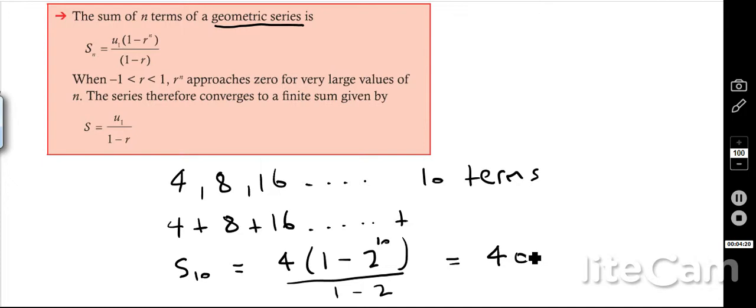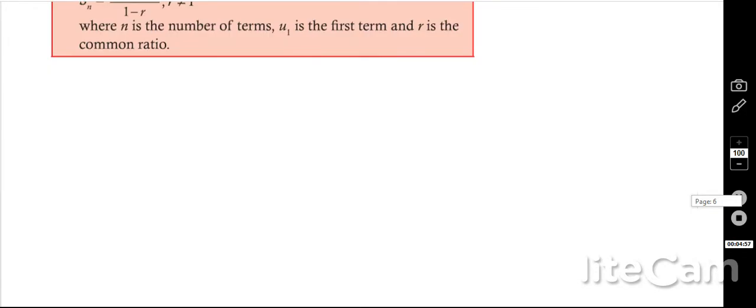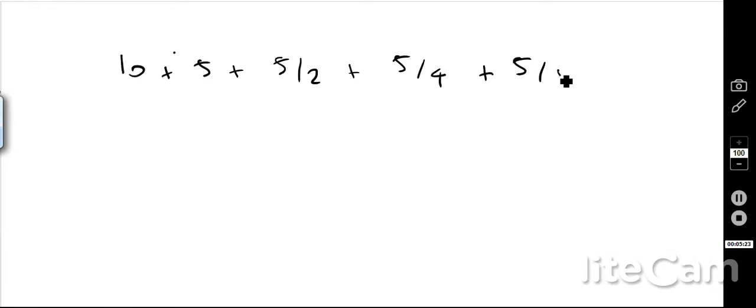Just to give an example of that, if we have the sequence 10 plus 5 plus 5 over 2 plus 5 over 4 plus 5 over 8 and so on, again a geometric series, hopefully you can see that we're timesing by half each time.